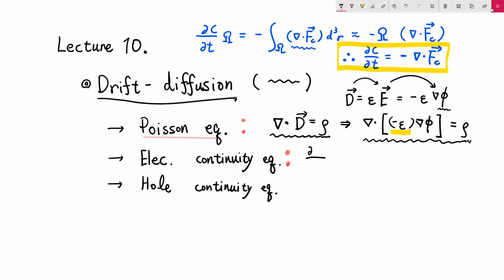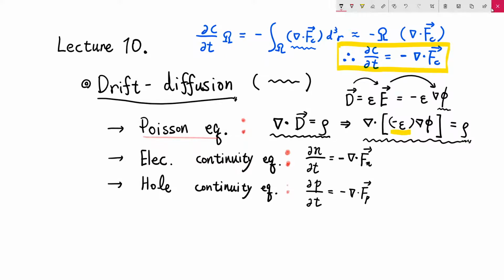So round n over round t now becomes minus divergence of electron flux. Then another one is for the hole carrier, round p over round t equal to minus divergence of hole flux. Okay, everybody will be happy with this form.